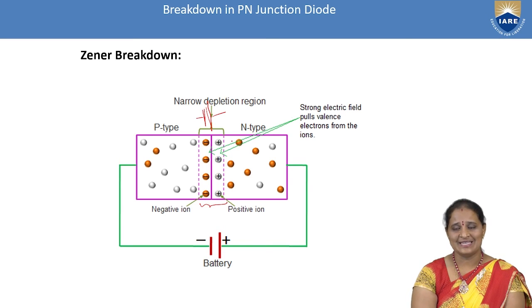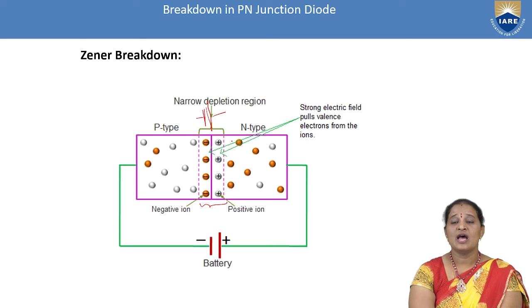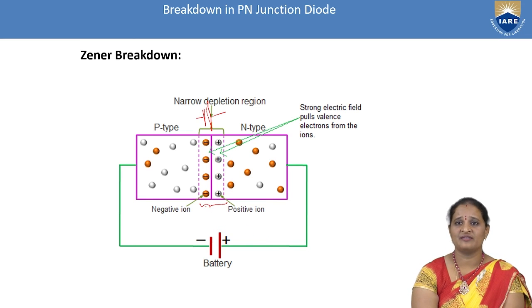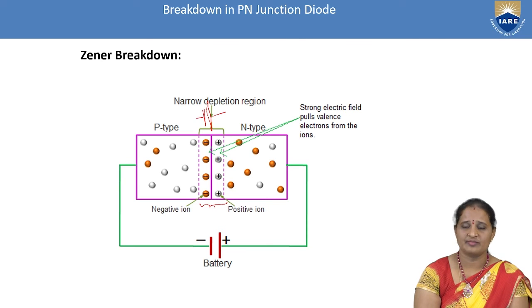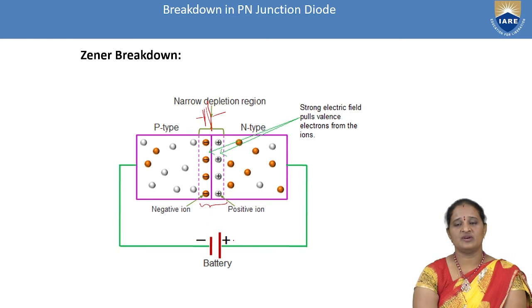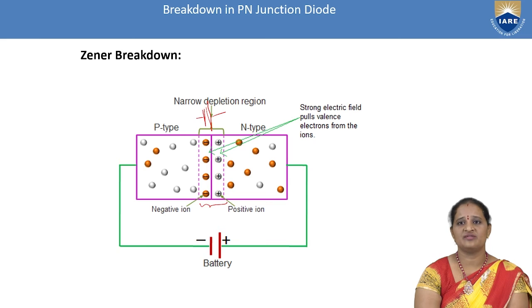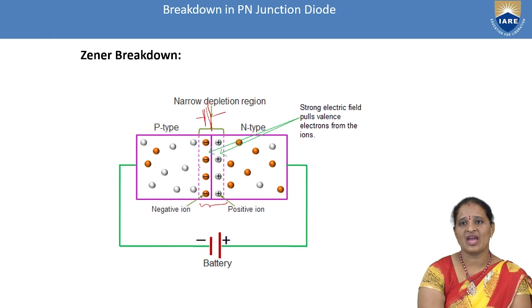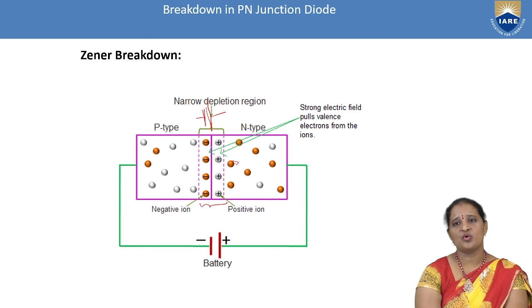So in heavily doped diodes, the intense electric field existing near the junction is enough to pull out the electrons from the valence band. As we keep increasing the reverse voltage, the intensity will increase, and hence more electrons can be pulled out from the valence band, and more minority charge carriers can cross the junction, which leads to more current.